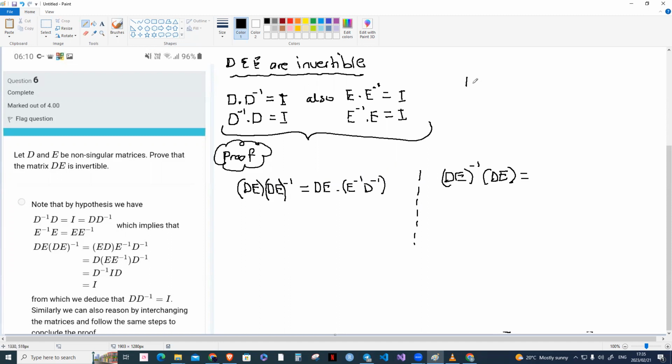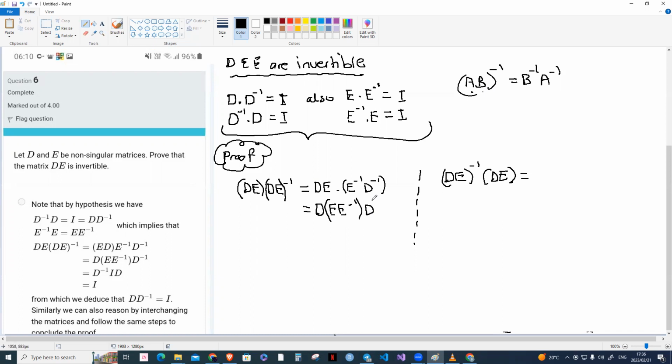Is this the property when you have AB, this becomes BA, like this? So you swap these two. So we did swap them, and then I just associate this like this, just changing the brackets.